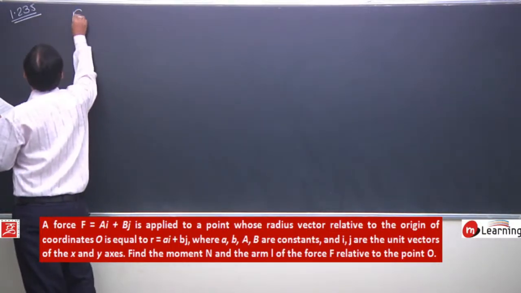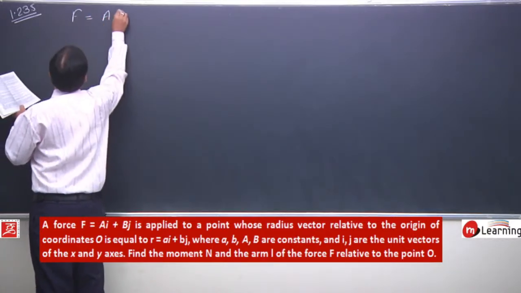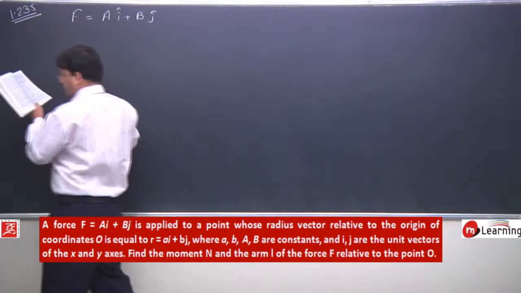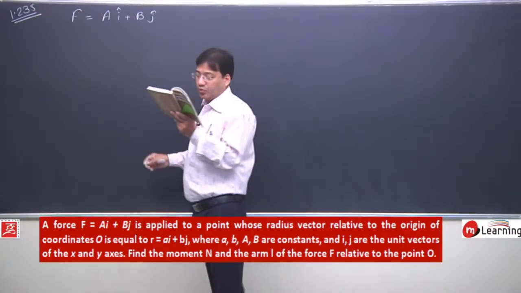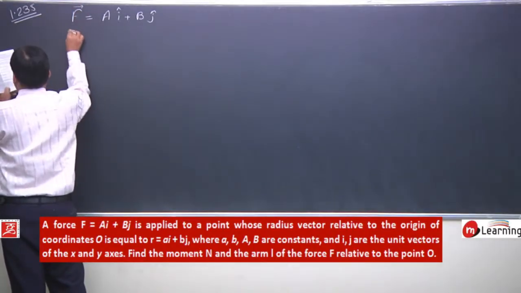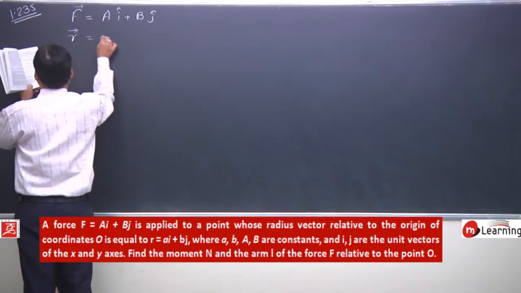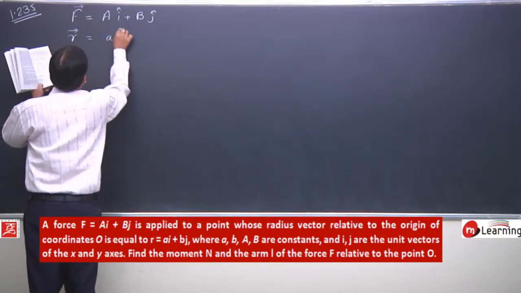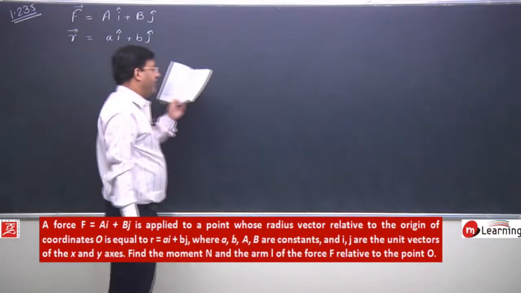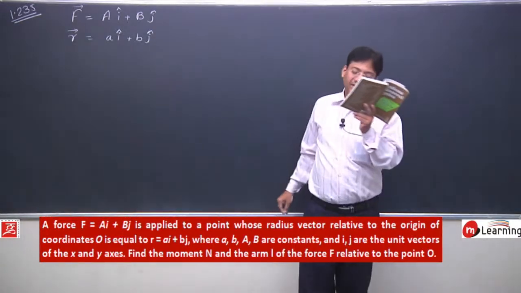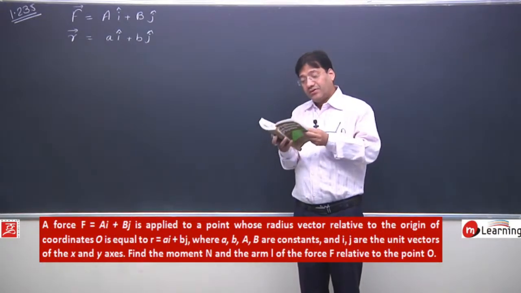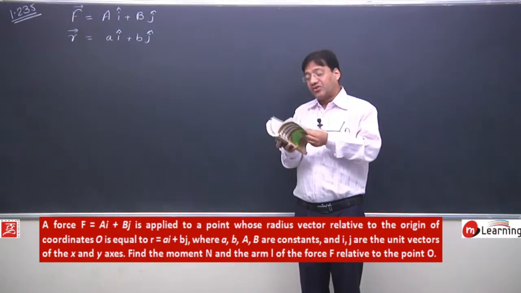The force equal to AI cap plus BJ cap is applied to a point whose radius vector to origin of coordinate is equal to AI cap plus BJ cap, where small a, b and capital A, B are constants, I, J are unit vectors of x and y axis.